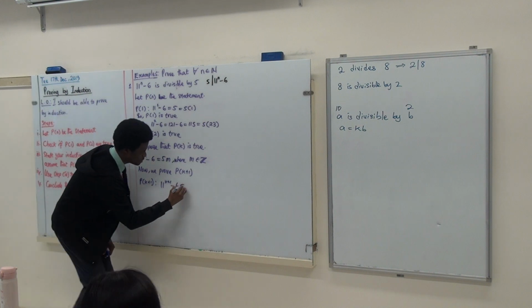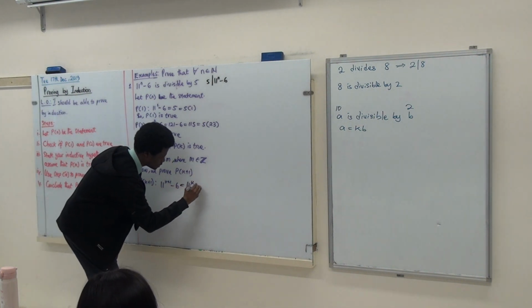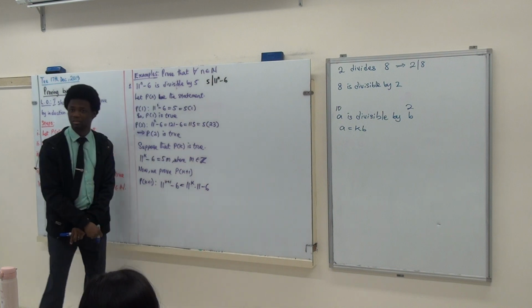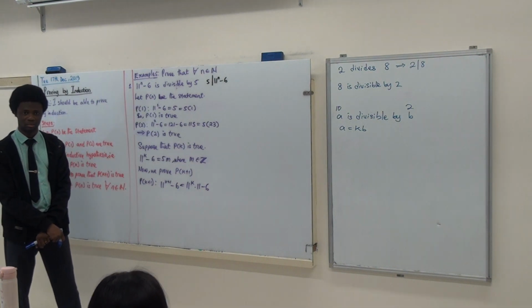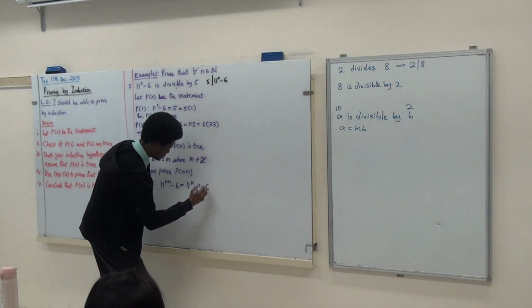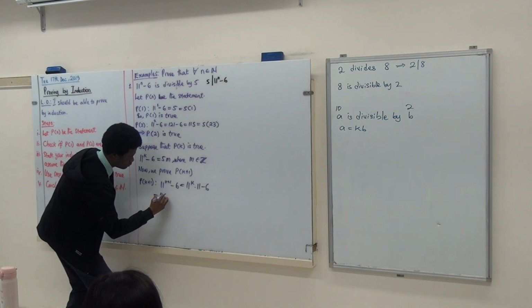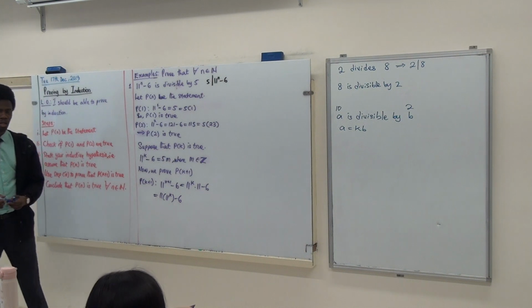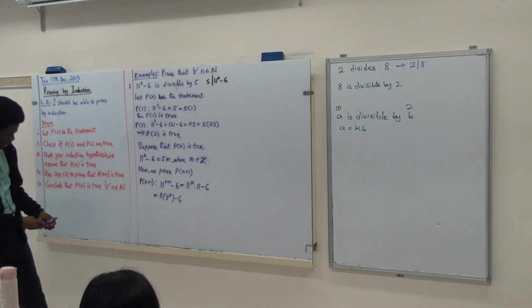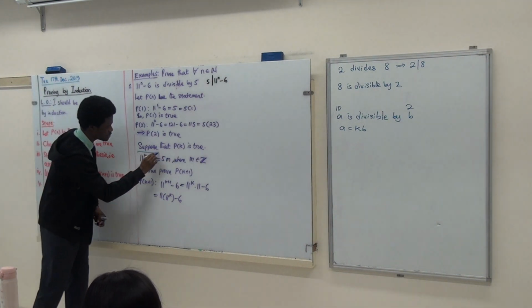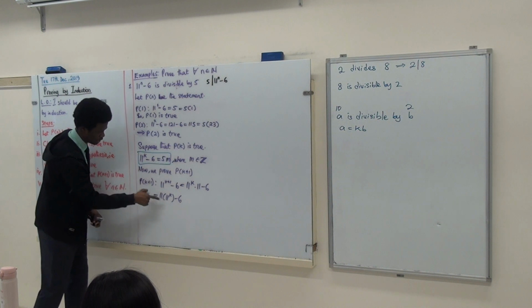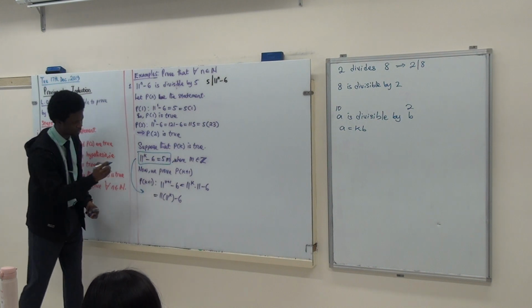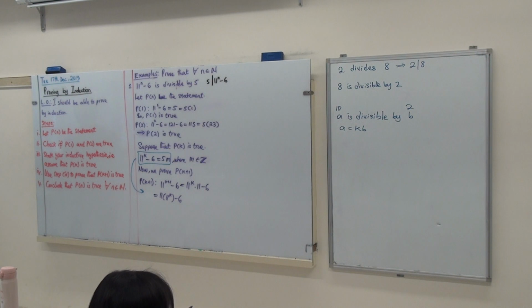So we can make it 11 to the power of k times 11 minus 6, or write that as 11 bracket 11 to the power k, then minus 6. Now think, how could we use this here? Because remember, the instructions say, use this to prove that.